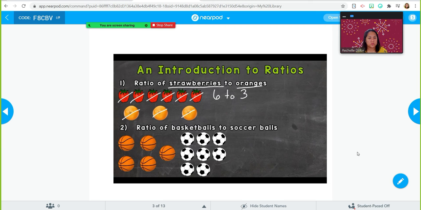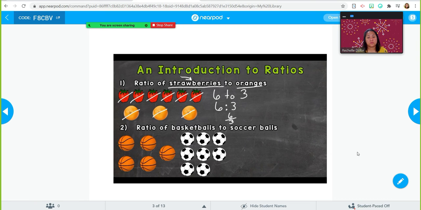And again, strawberries has to come first, the 6, because it comes first in our ratio problem, right? Strawberries to oranges. We can also use a colon to represent this ratio. So 6 to 3, or we can use a fraction. Whatever your numerator is, the top number, that's what comes first in your ratio. So strawberries, 6 strawberries to 3 oranges.